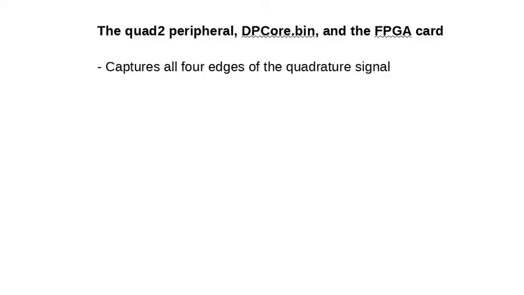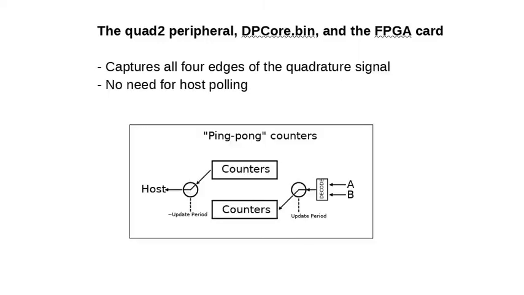The Quad 2 dual quadrature decoder uses all 4 edges of the quadrature signal. This gives you the best possible timing resolution. There's no need for the host to poll the peripheral. We use ping-pong counters, and at each edge of the update period, we'll switch from one set of counters to the other.